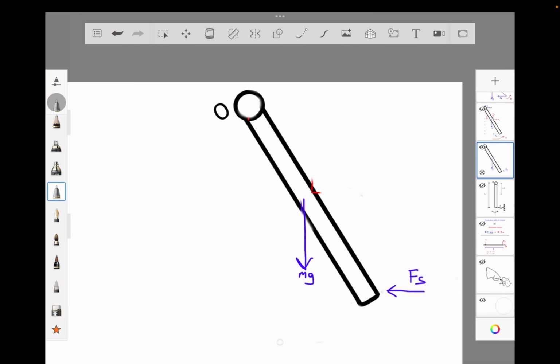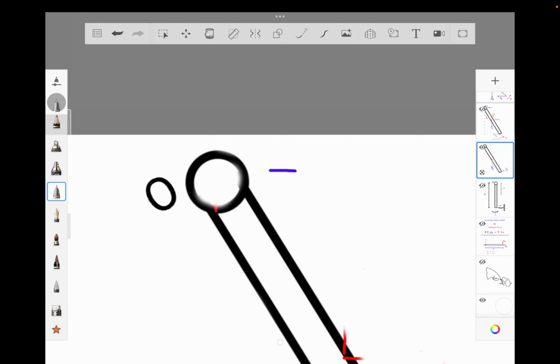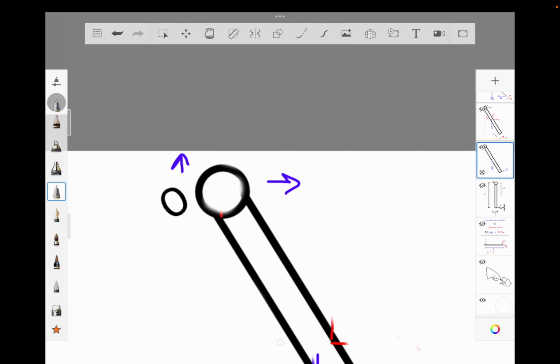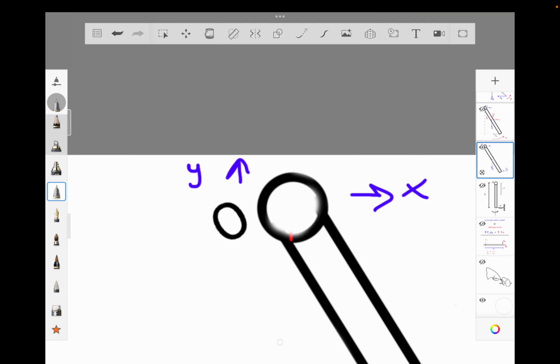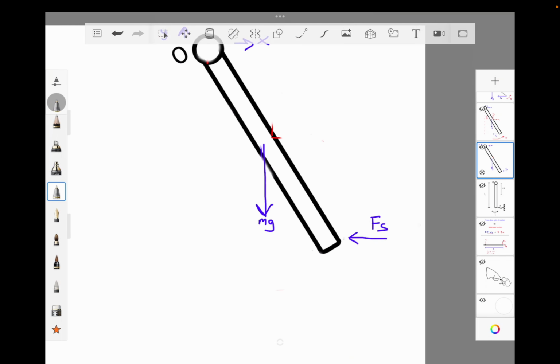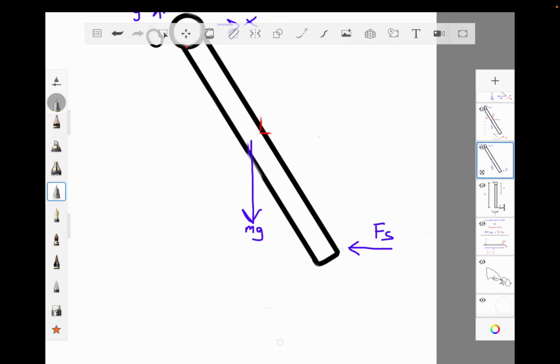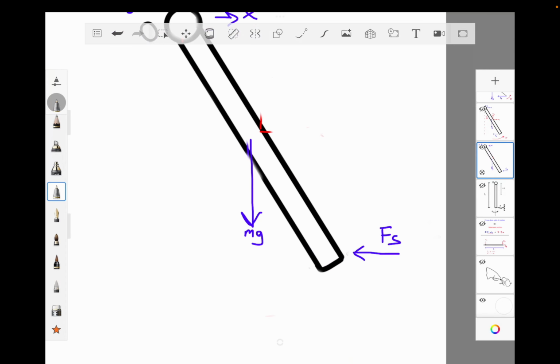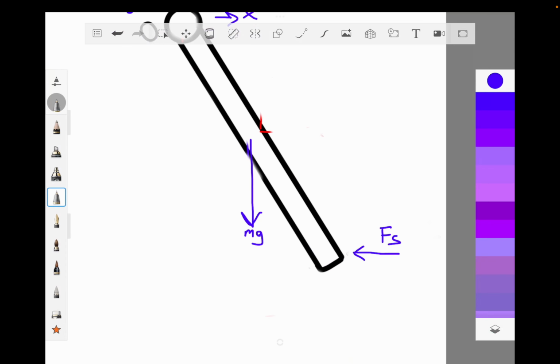And then there will be some reactionary forces at the top. But since we're more worried about the moments, these are not going to matter anyway. But, for conception's sake, I suppose. And that's it. Now we can worry about the inertia of the object.